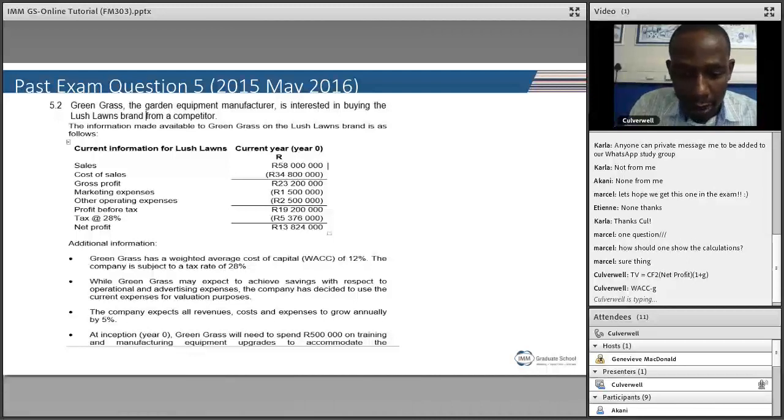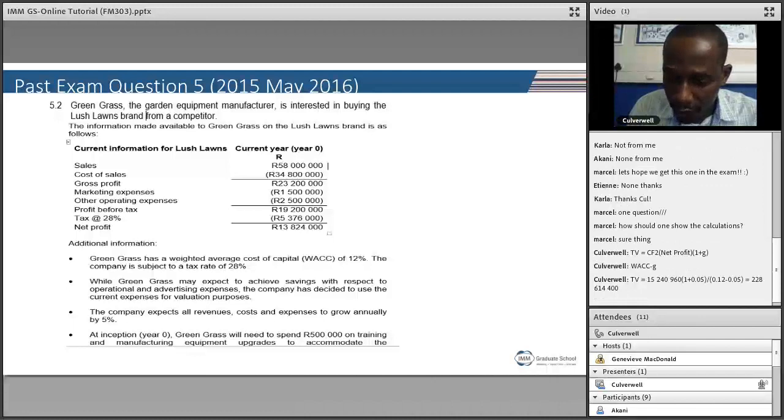Close bracket, all over, divide by my WACC, 0.12 minus my 0.05, which then gave me 228,614,400. That's how you calculate your terminal value.